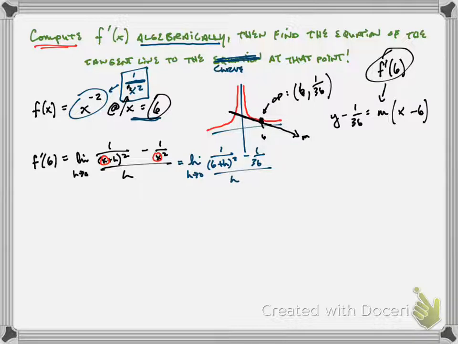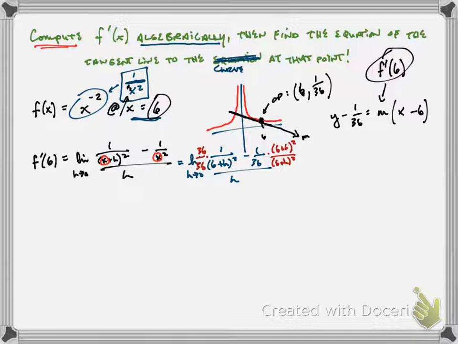Now we need a common denominator, so there's some work to be done. I'm going to multiply this by 6 plus h squared over 6 plus h squared, which is a fancy way of multiplying by 1. And I'll multiply this by 36 over 36, which is also a fancy way of multiplying by 1.